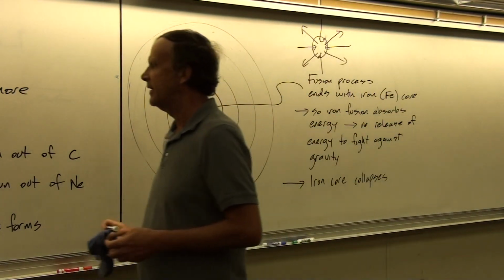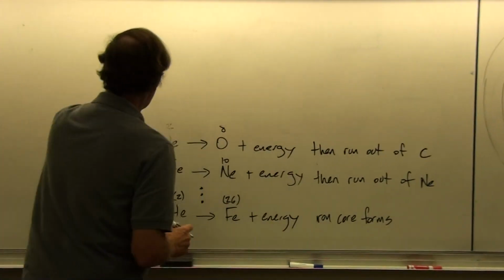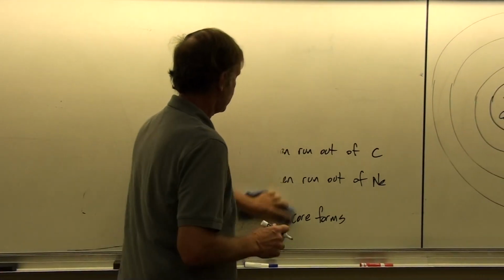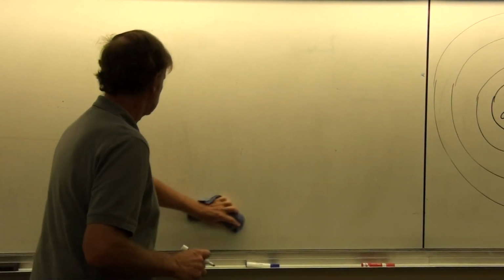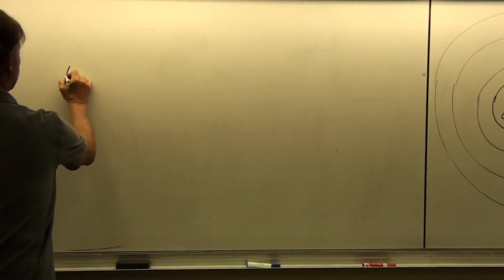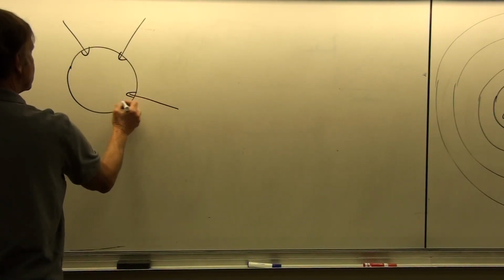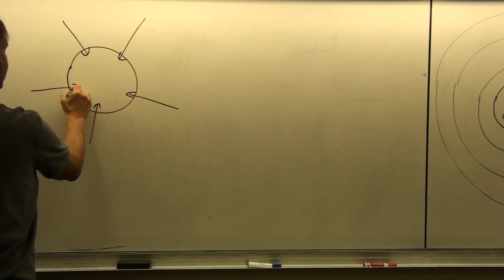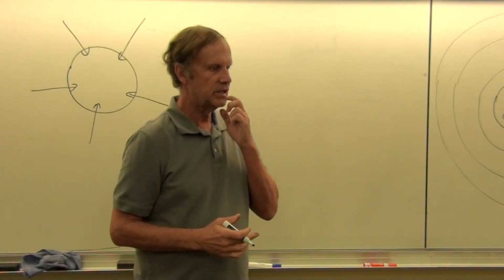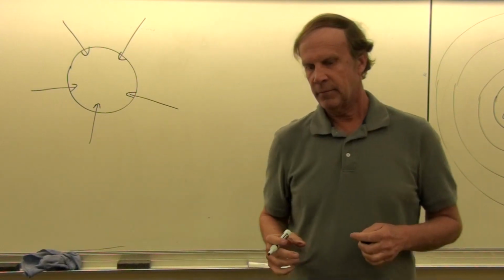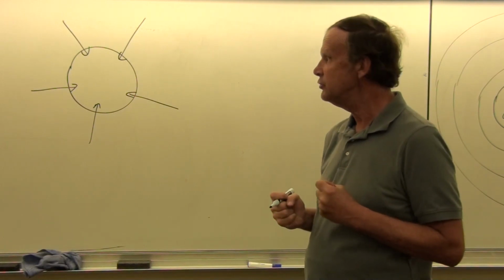So let's take a look at that here. So now, the iron core is smashing down so much that it's no longer iron anymore. It crushes down to the point to where the protons and electrons are literally turned into neutrons.